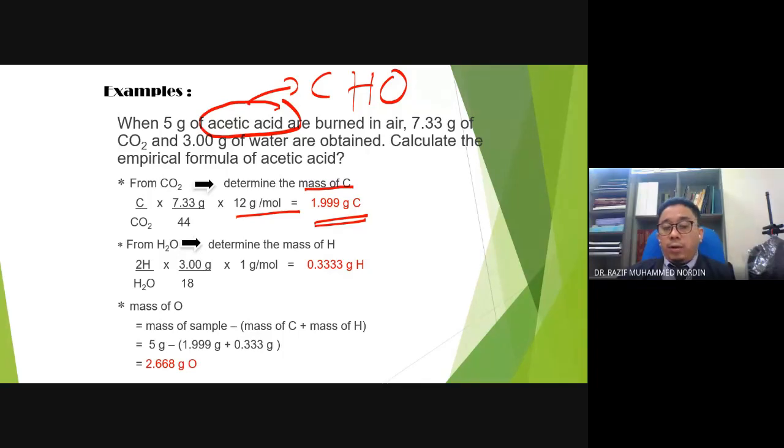And then for H2O, this is the second product. There are 2 hydrogen. This is the percent element per molecule. Times 3 divided with 18. Okay. 3 because this, 18 comes from the relative molecular mass of water.